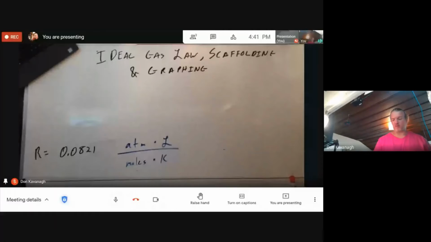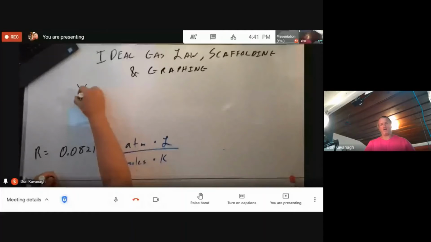The generic formula for a straight line is y equals mx plus b. M is the slope of the line, y is the value on the vertical axis, x is the value on the horizontal axis, and b is the y-intercept.